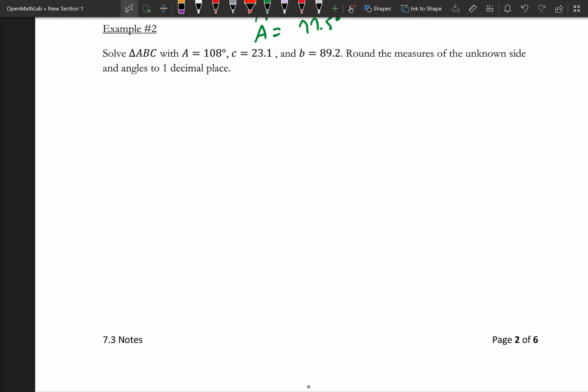So it's a similar idea, except we're given angle A, side C, and side B. So we have angle A, B, and C, and side A, side B, and side C. Those are the parts we need. So angle A is 108 degrees.